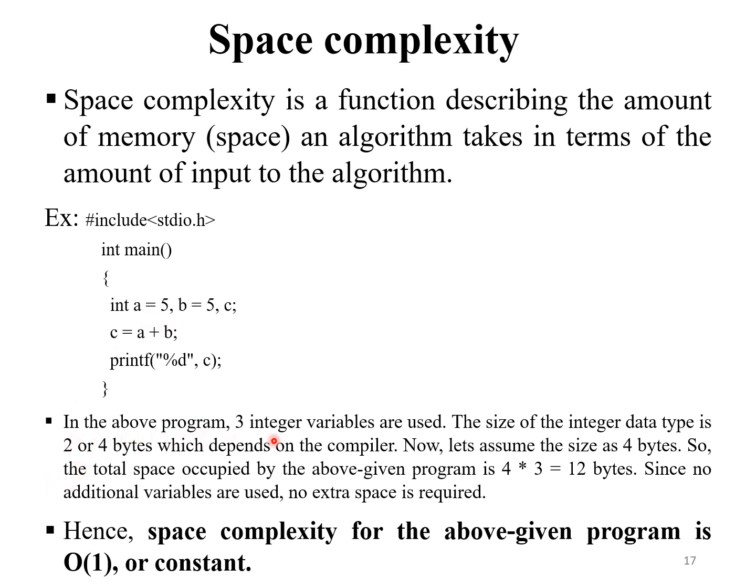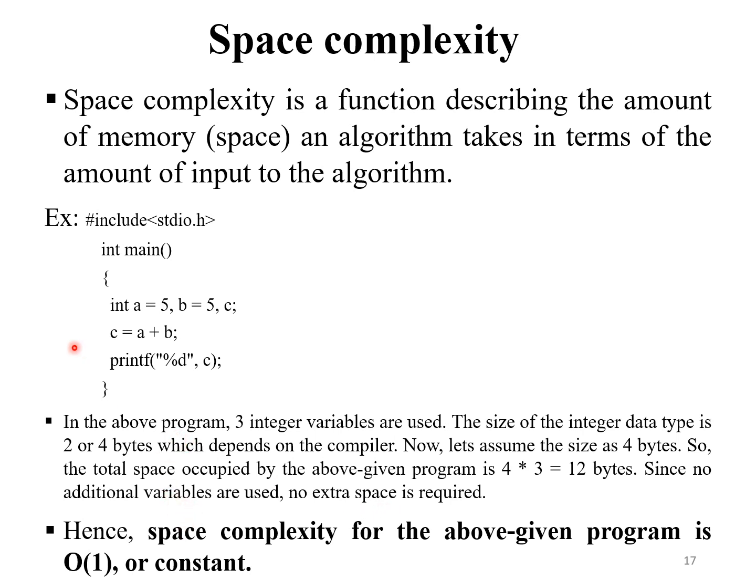Three integer variables are used, that is a, b and c. The size of the integer data type is 2 or 4 bytes, which depends on the compiler. Now let's assume the size as 4 bytes. So the total space occupied by the above given program is 4 into 3 is equal to 12 bytes. Since no additional variable is used, no extra space is required.